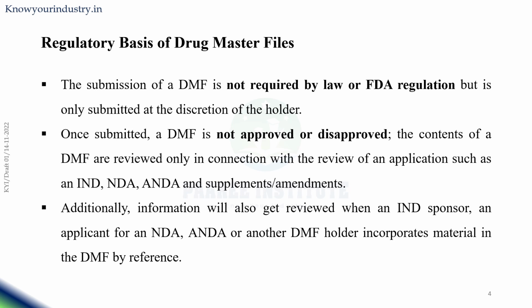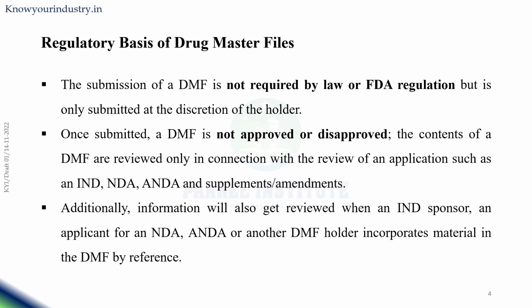If FDA reviewers find deficiencies in the information provided in the DMF, a letter describing the deficiencies is sent to the DMF holder. FDA will also notify the person who relies on the information in the deficient DMF that additional information is needed in the supporting DMF.